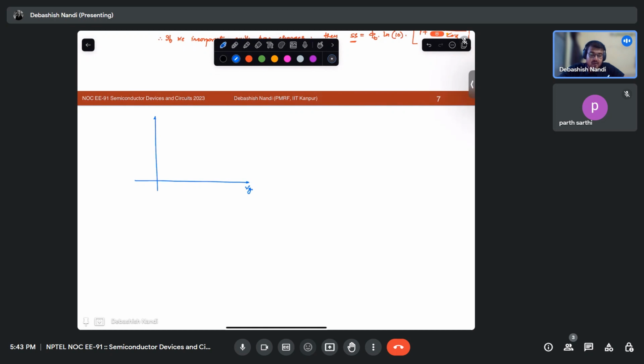To plot SS, what should be my y axis? As I have mentioned, it should be log scale, log ID.